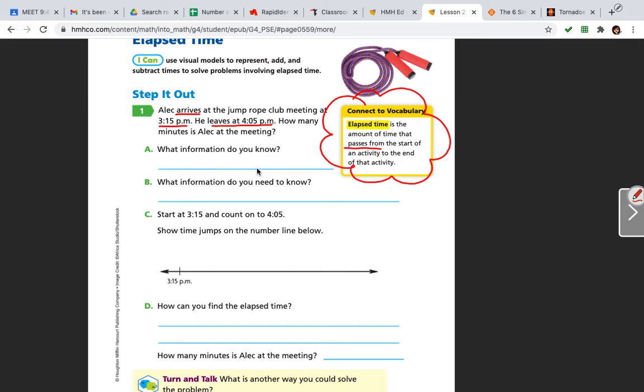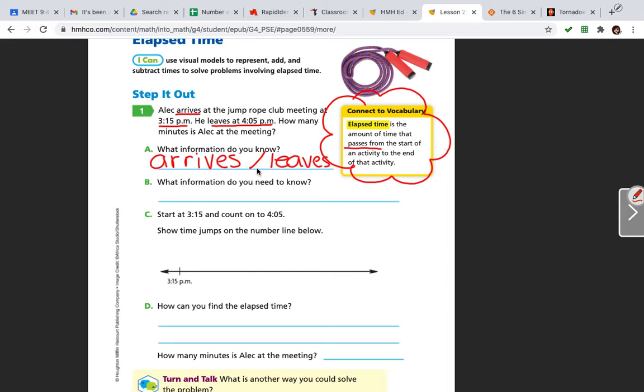So A, what information do you know? Well, we know what time he arrives and what time he leaves. So the time of arrival and the time that he leaves. The time he starts and the time he ends. What information do you need to know?